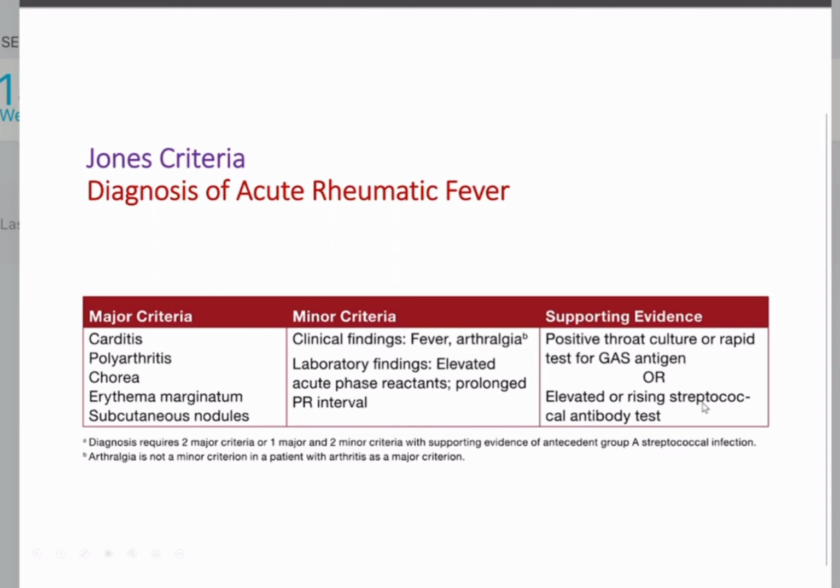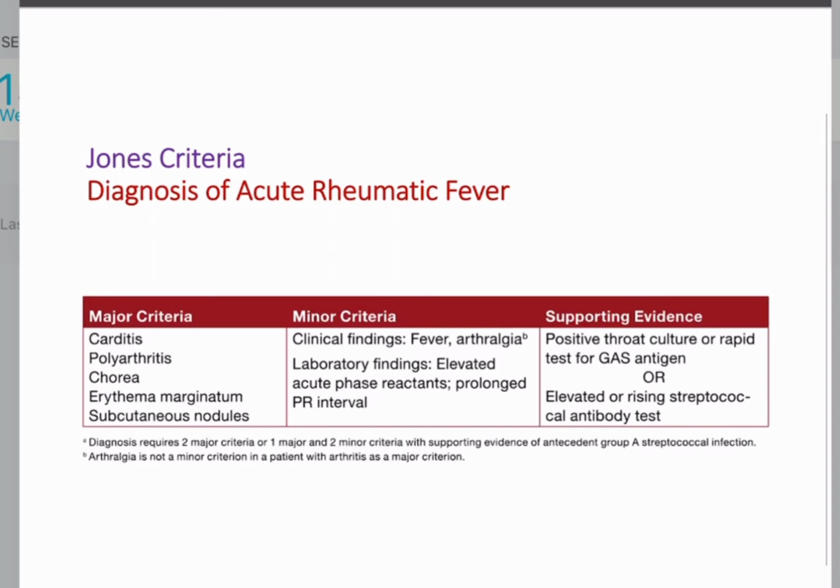But the important thing to remember is all rheumatic fever cases may not yield a positive throat culture because it is an after-infection disease. So you may not even have any evidence of the prior streptococcal infection, and the patient may end up with all the criteria of rheumatic fever.